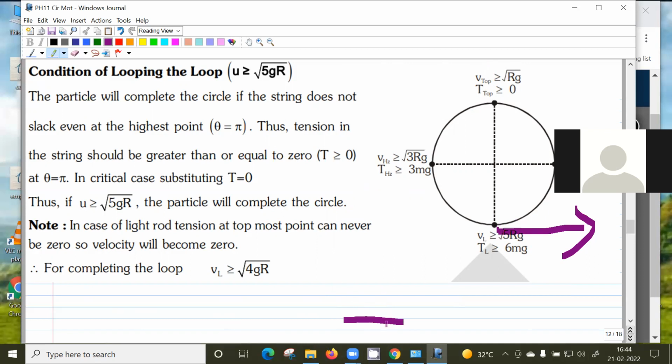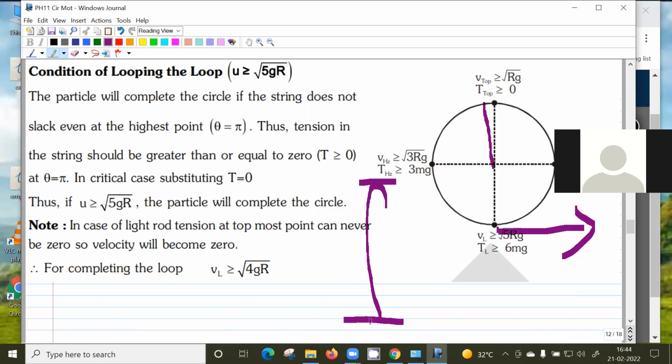It's not like a ball which is thrown from the ground, which goes to the maximum height and returns back. There the velocity has to be zero at the turning point. But here it's not like that, because the string will pull it back even if the velocity is not zero. The length of the string cannot go more than that.